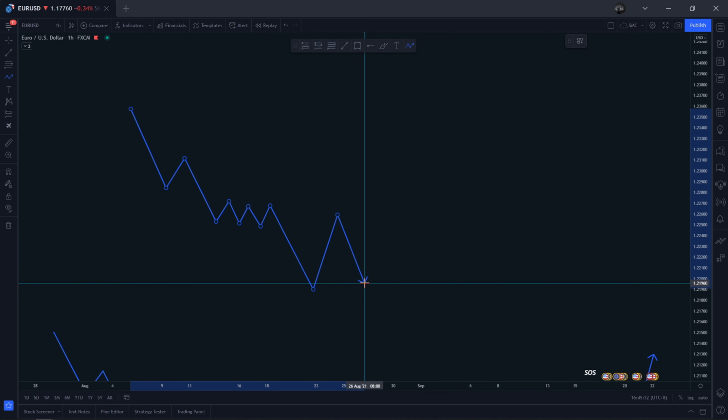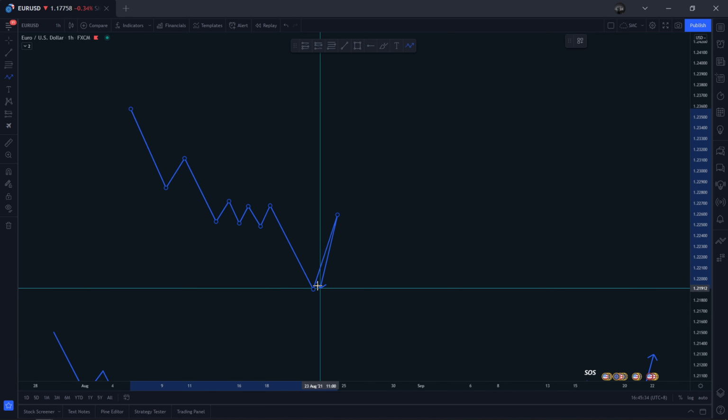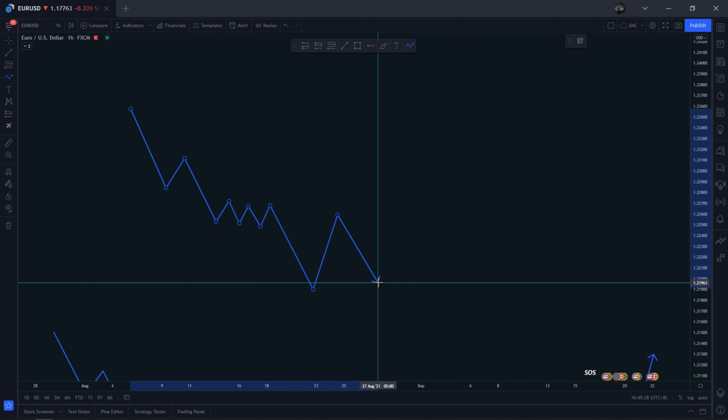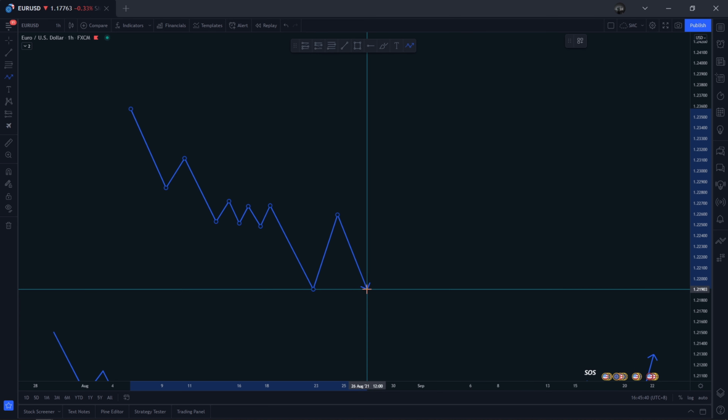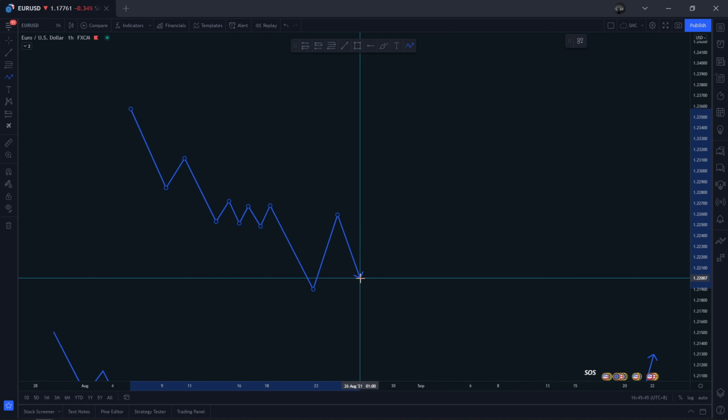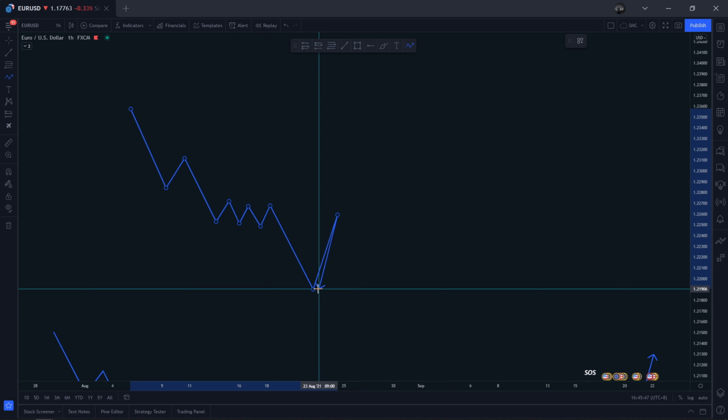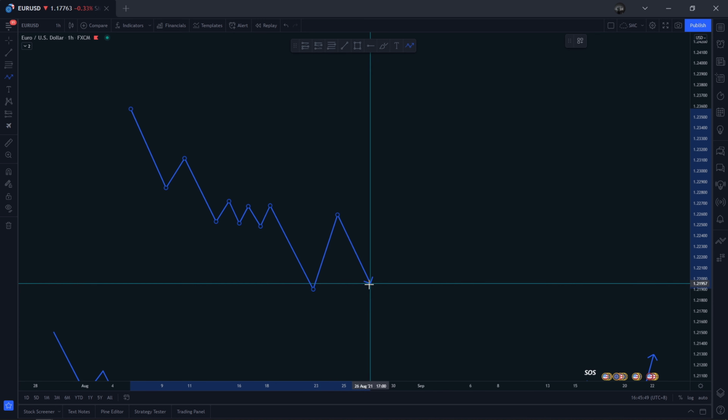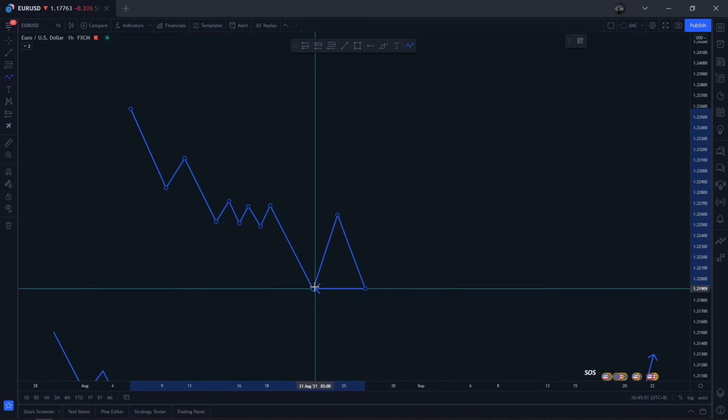You can call it a secondary test if it doesn't go lower than the SC, the selling climax. So the secondary test can create equal lows, which creates liquidity, or go a little bit higher above the SC. So let's just put this here, which is creating equal lows.